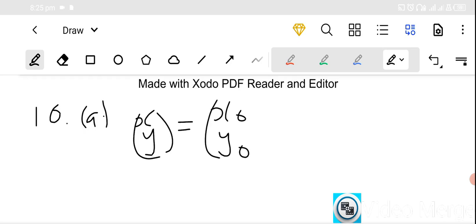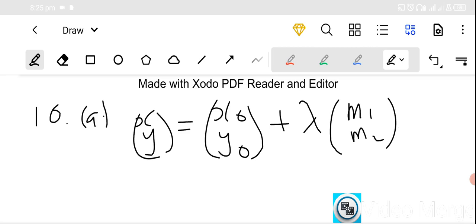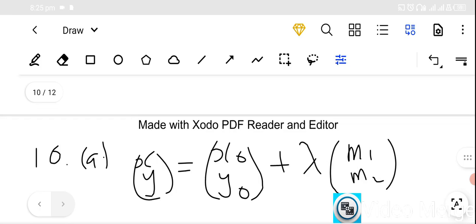These symbols simply mean that you get a position vector, which is just a coordinate on the x-y plane, plus lambda, and then the direction vector, which can be (m1, m2). These are the coordinates for the direction vector.